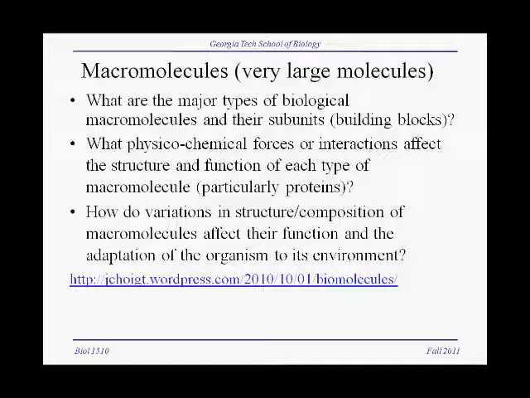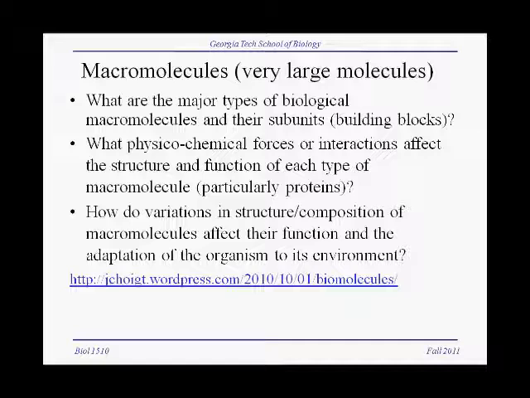So these are the questions that I'd like you to think about and focus on in this unit. What are the major types of macromolecules? This is something that you really need to know. And what are they made from? All macromolecules are assembled from smaller subunits, and so you need to know what the monomer or subunit and macromolecule polymer relationship is.